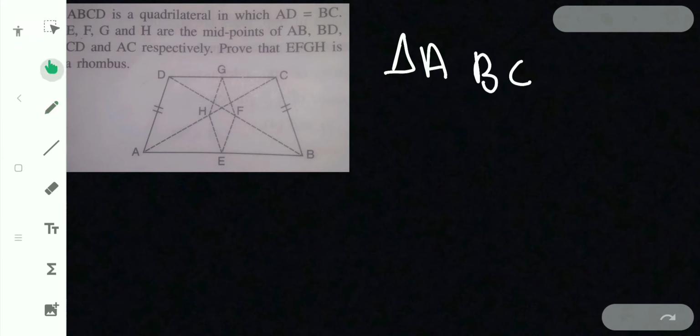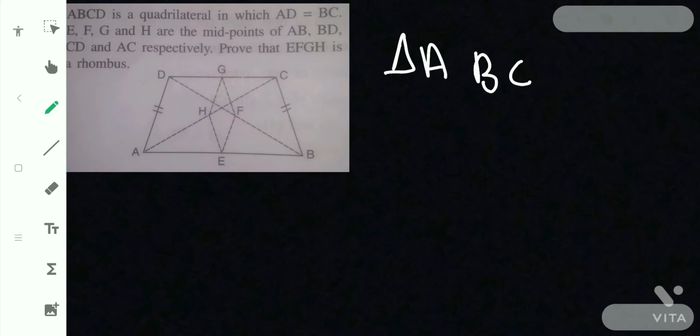In triangle ABC, E is midpoint of AB, given in the question, and H is midpoint again of AC. Here we are having H is midpoint of AC.